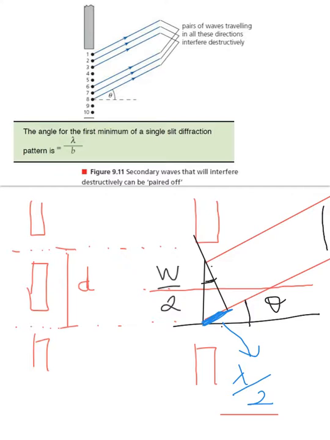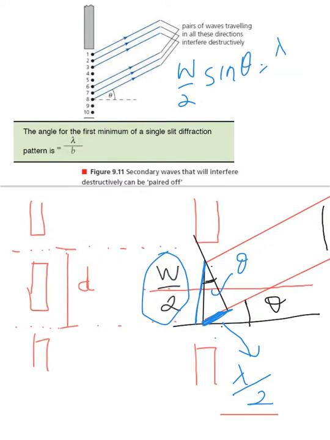So what exactly is that path difference in terms of the gap size? Well, we can write it over here. We can see if that is theta, W over 2 sine theta, because it's the hypotenuse of that triangle, and we want to find the sine of the angle, would be equal to lambda over 2 to give you destructive interference.